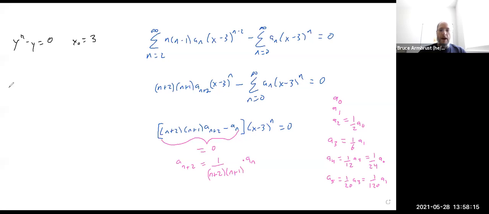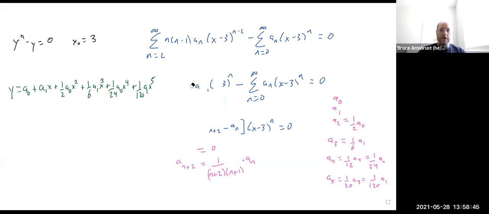So this will be y equals A naught plus A1 x plus 1/2 A naught x squared plus 1/6 A1 x cubed plus 1/24 A naught x to the 4th plus 1/20 A1 x to the 5th plus... Oh shoot.